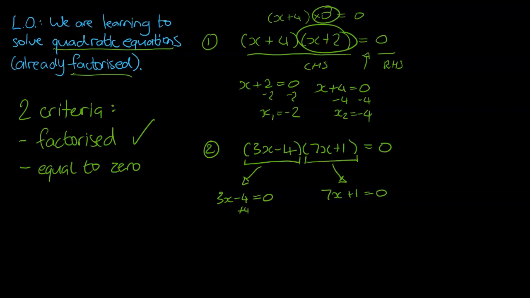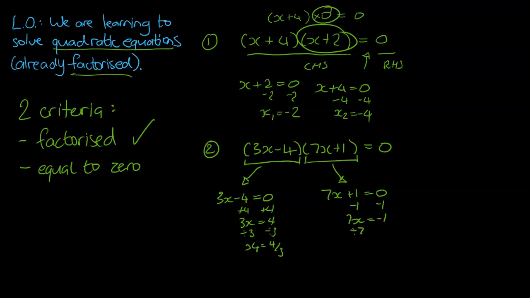So we're going to go plus 4, plus 4. So that means 3x will be equal to 4. We're then going to divide by 3, divide by 3. And that means x will be equal to a fraction, which is 4/3. Oh, actually, I should note, that's x1 because that's our first answer of x. And we're going to do the same for our second answer. We're then going to have minus 1, minus 1. So 7x will be equal to negative 1.